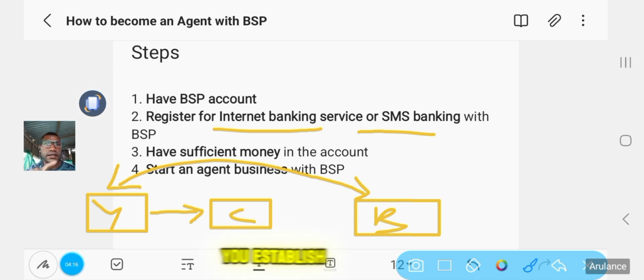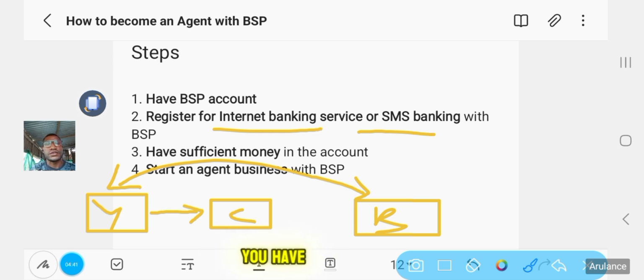When you establish such a banking system through online platforms like SMS banking and internet banking, it will be very easy for you to serve your clients by accessing funds using those platforms. Especially in an emergency situation, you can make things possible for your clients and serve them quickly.